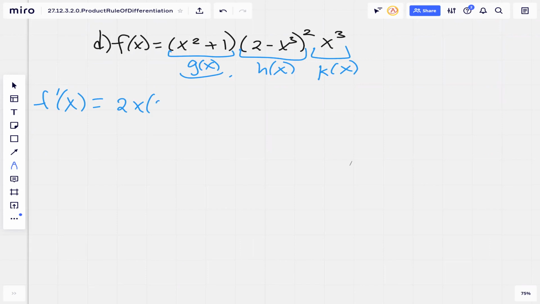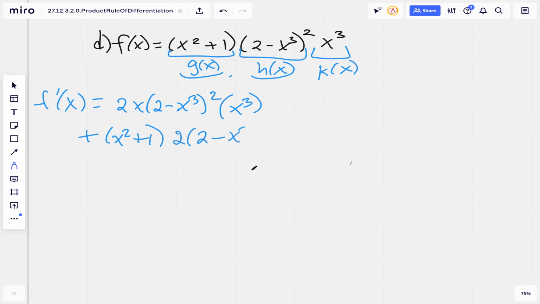Now we're going to multiply by H and K. And then plus the derivative of H. So we're going to leave G alone, times the derivative of H, 2 times 2 minus x cubed raised to the power 1 times negative 3x squared. And then finally times K, x cubed.